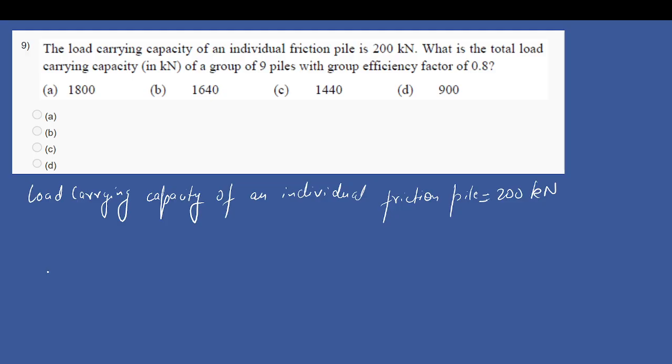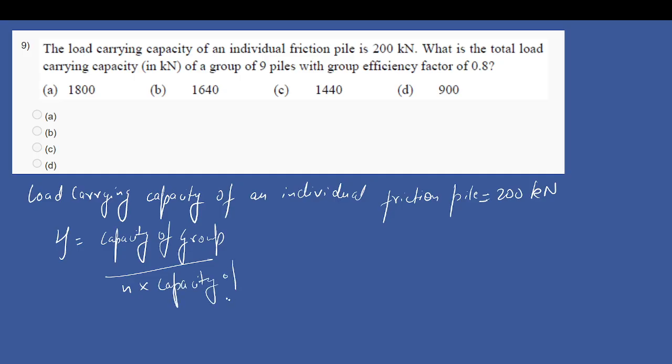So what is the total load carrying capacity with a group efficiency of 9 piles? Eta is none other than 0.8. Capacity of group versus n times the capacity of individual. Right.